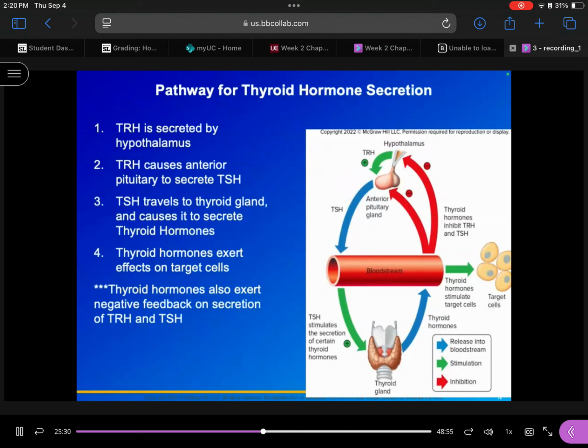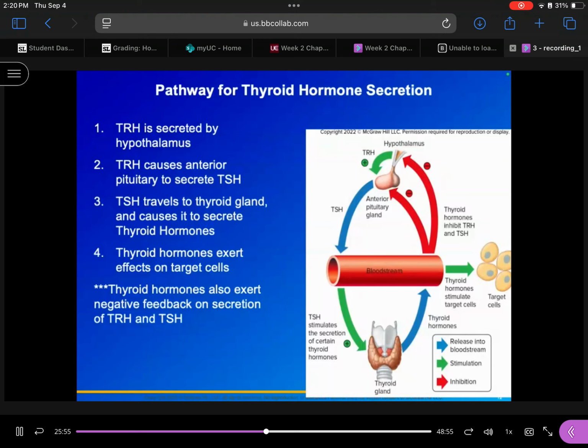So we can see TRH is acting on the anterior pituitary gland. Then we have TSH that is secreted as it goes through the bloodstream. If we have an increased amount of TSH over more than what we need, what's it going to do? It's going to come back up and it's going to inhibit the hypothalamus as well as the anterior pituitary. But then we also come down and we're going to be releasing thyroid hormone.